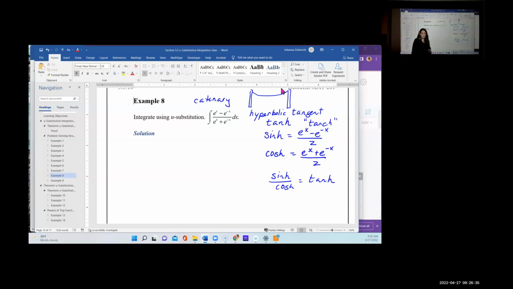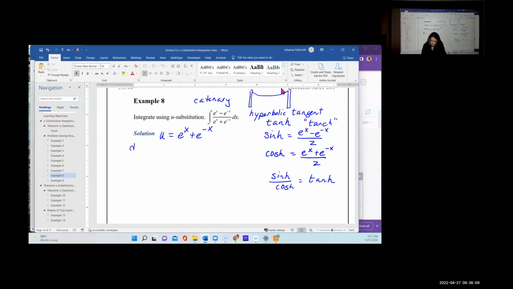Denominator trumps numerator. And the reason is what we're trying to build up is something that looks like 1 over u du. So we're going to let u be the denominator expression, e to the x plus e to the minus x, the denominator of tanch.